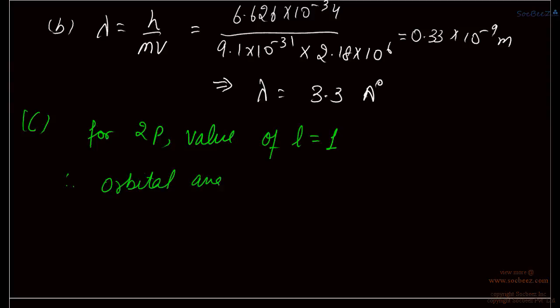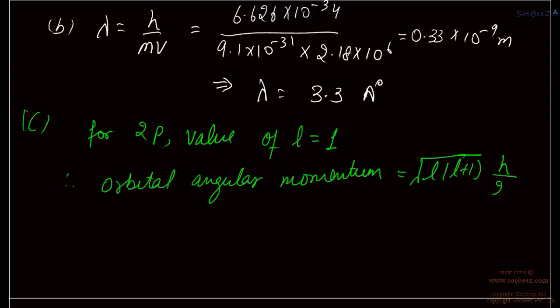Therefore orbital angular momentum equals under root l into l plus 1 into h upon 2 pi.